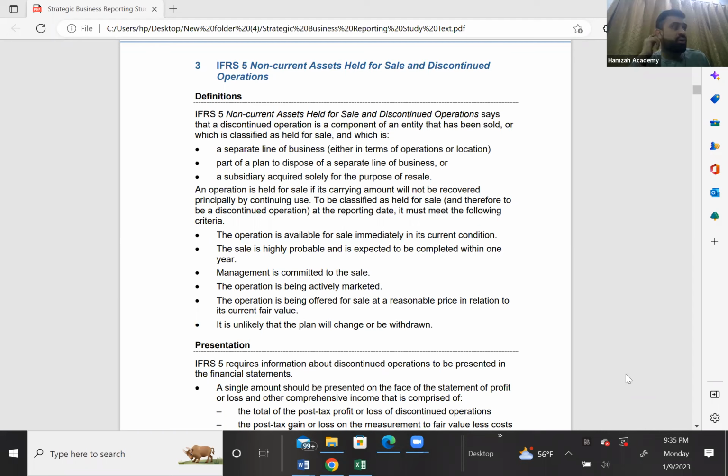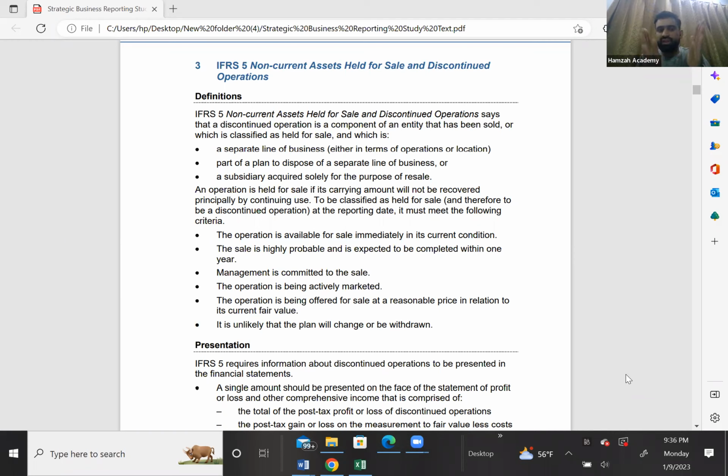For example, for Pepsi International, beverages is a different product line, and Lay's is a different product line. For Coca-Cola International, Africa is a different geographical location and South Asia is a different geographical location.